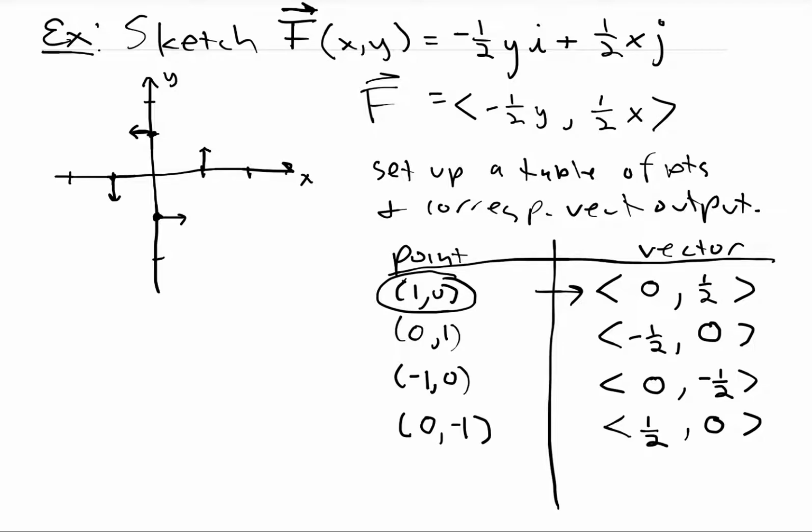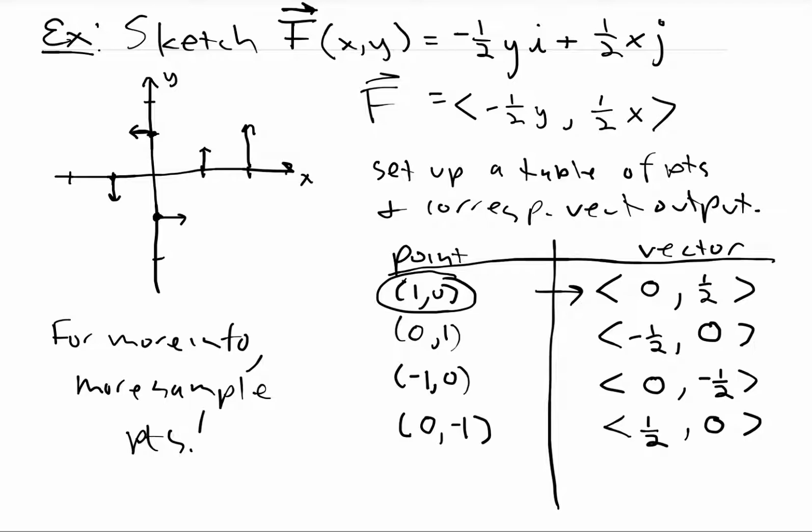Now, you may notice that we've got this vector field that's giving me this somewhat swirling motion around the origin in R2. If we wanted more information, basically try more sample points if you want to fill in what's going on here. If you wanted to draw in a couple extras here, you might get this guy.